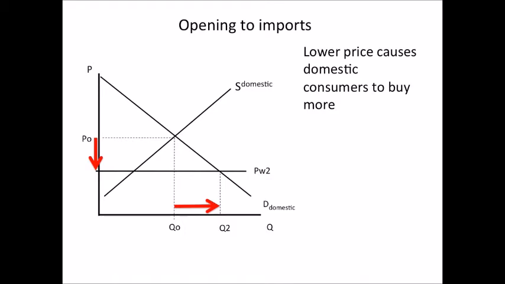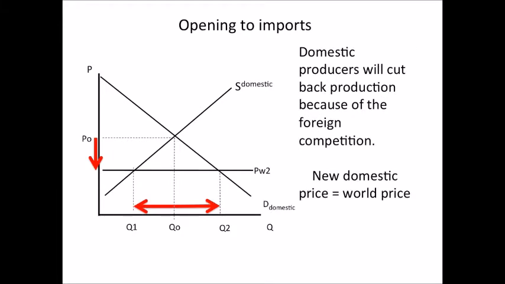So you take the price, go over to the demand curve, go down, that's the quantity consumed. That increases because the price that this product is available for has gone down. And domestic producers will scale back on their production.